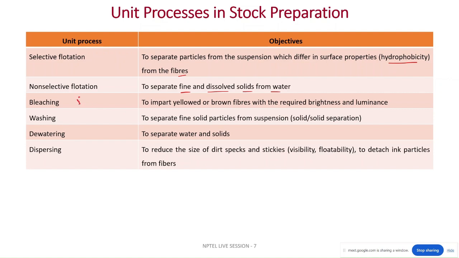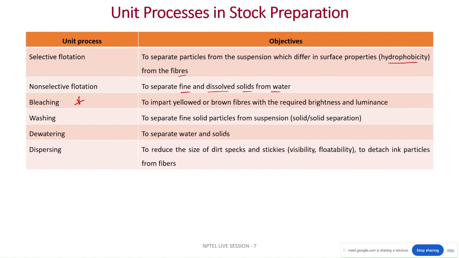Bleaching. It is a very important step. Bleaching is to impart yellowed or brown fibers with the required brightness and luminance. Washing is to separate the fine solid particles from the suspension, a solid-solid separation.